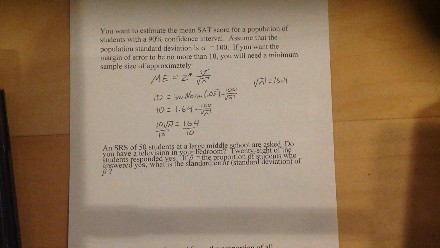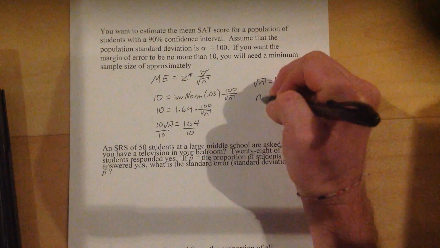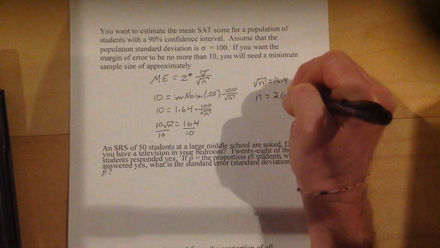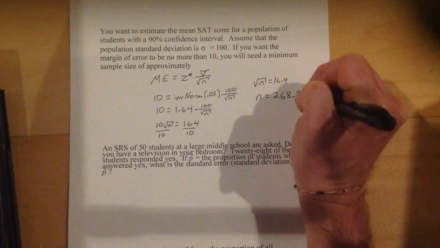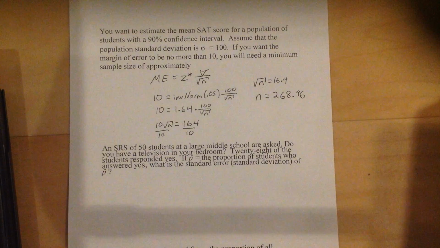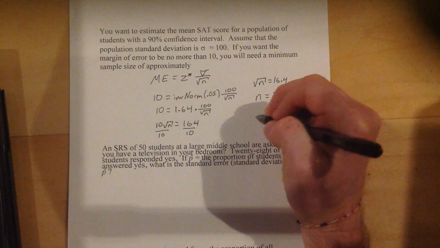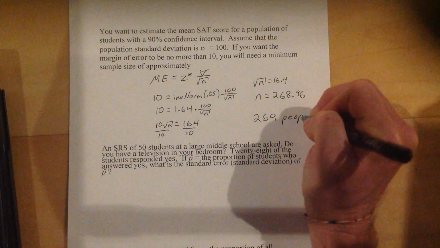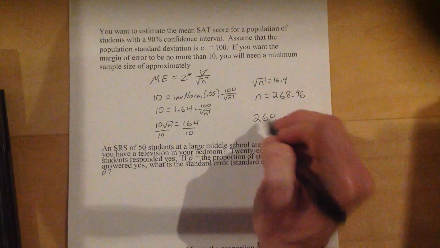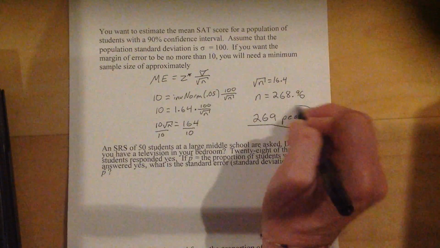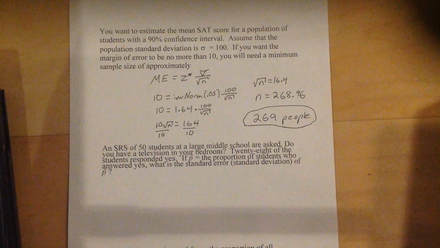All right, and when we do that, we get n equals 268.96. So that's going to round up, and we're going to need a sample size of 269 people. And again, we always round up with these because if you round it down, technically your margin of error would be a little larger than you want it to be. So no matter what the decimal is, we round up on these.